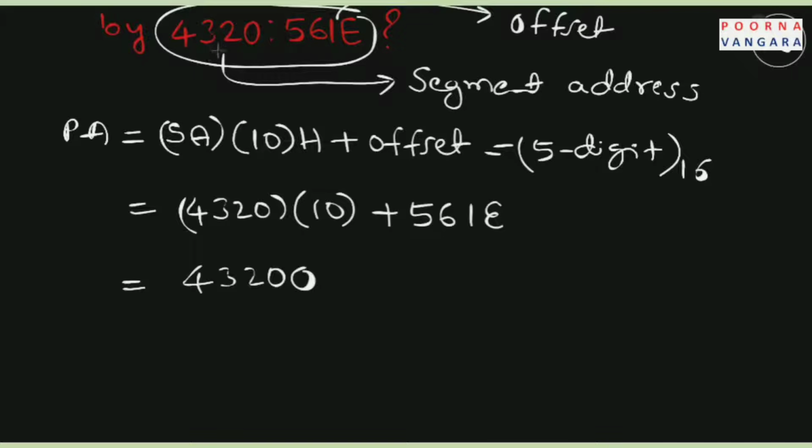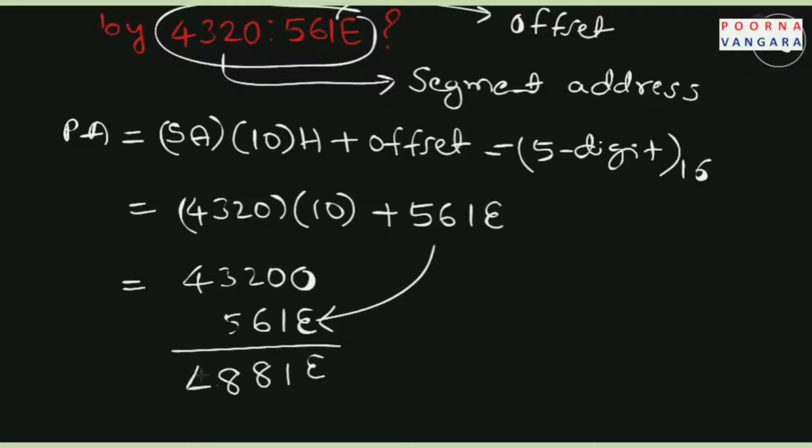I forgot to inform you, in the logical representation, whatever numbers you are looking at are hexadecimal numbers. Now you need to add this 561E here. 0 plus E, answer is E; 0 plus 1 is 1; 6 plus 2 is 8; 5 plus 3 is 8; and 4. So this is the actual address of the data.